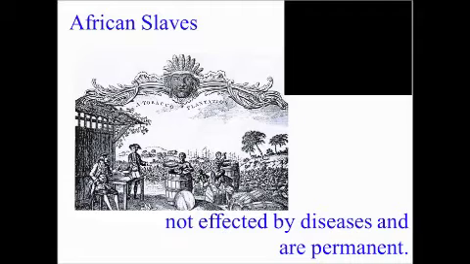They were not freed. They could not leave whenever they were done. Right? This solved the labor problem for the southern farmers. Of course, it caused a lot of problems for the Africans, obviously. Please make sure that you have written this in the result part of group number 3, African slaves.